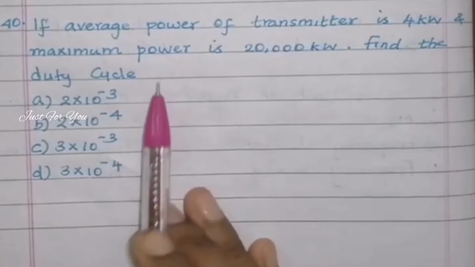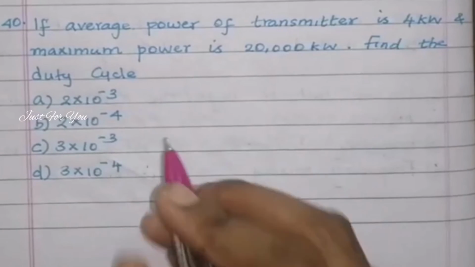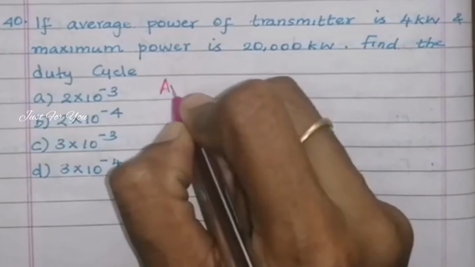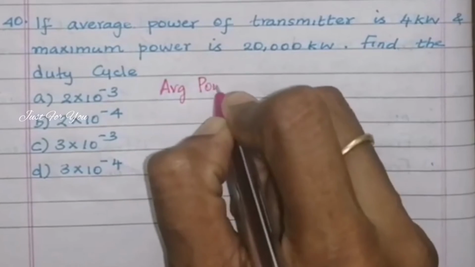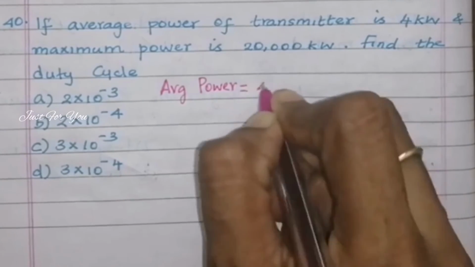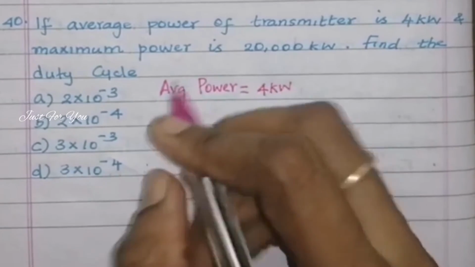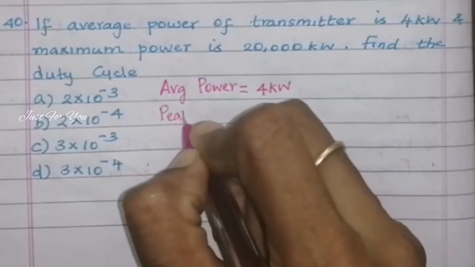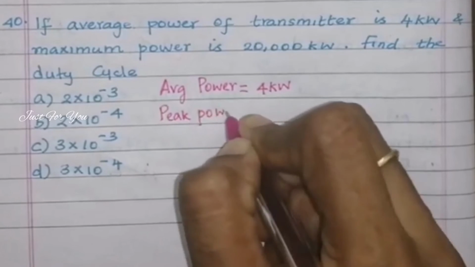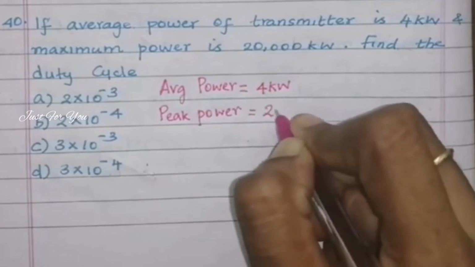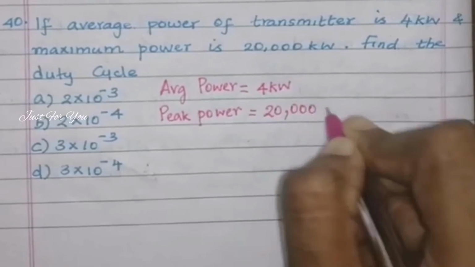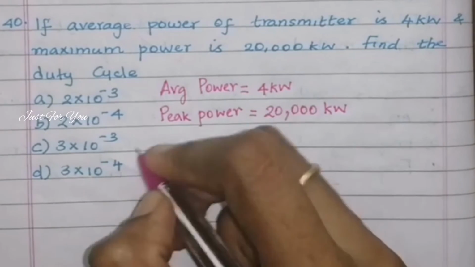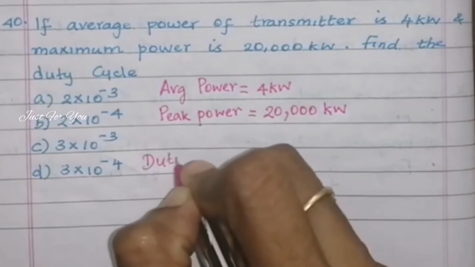The given data are average power. The average power is given. Average power is equal to 4 kilowatts. And maximum power can also be written as peak power. Maximum power or peak power, that is 20,000 kilowatts. Now we have to calculate the duty cycle.